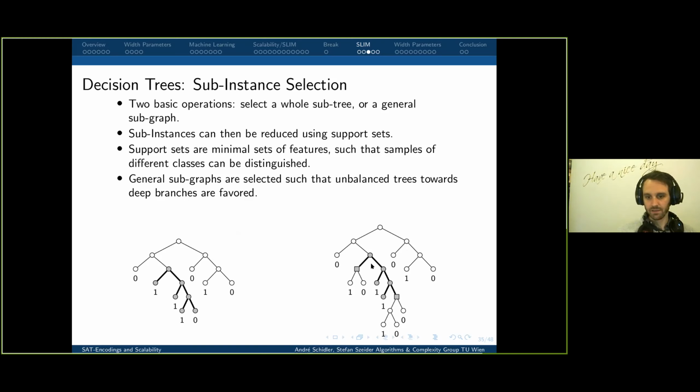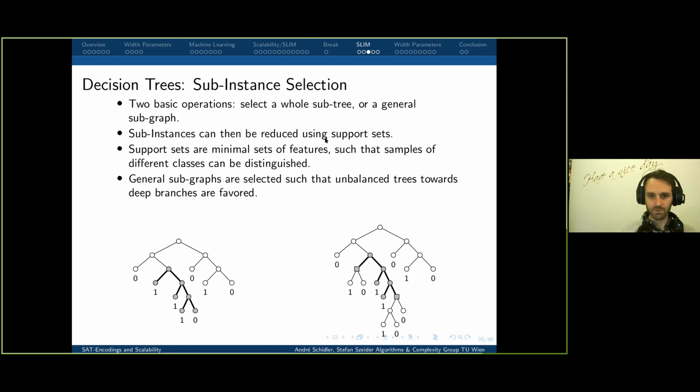And using general subtrees just gives you more opportunities to improve. For example, let's say you manage to improve something up here, this kind of trickles down to all the branches, and then you have again more chances to decrease the size in some subpart of the decision tree.